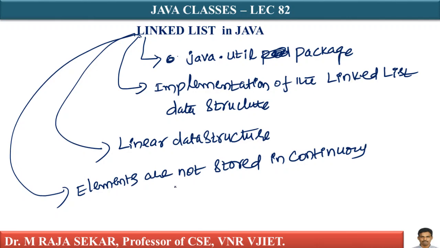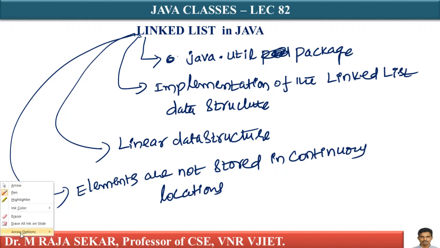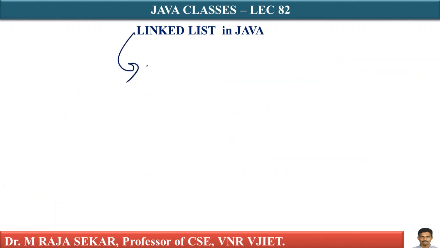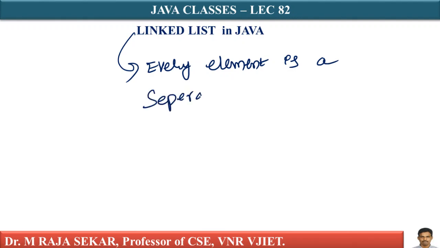And every element is a separate object. Every element in the linked list is a separate object with a data part and an address part.